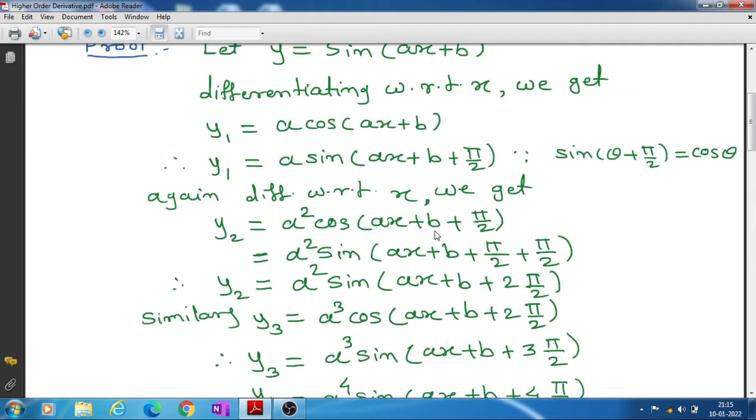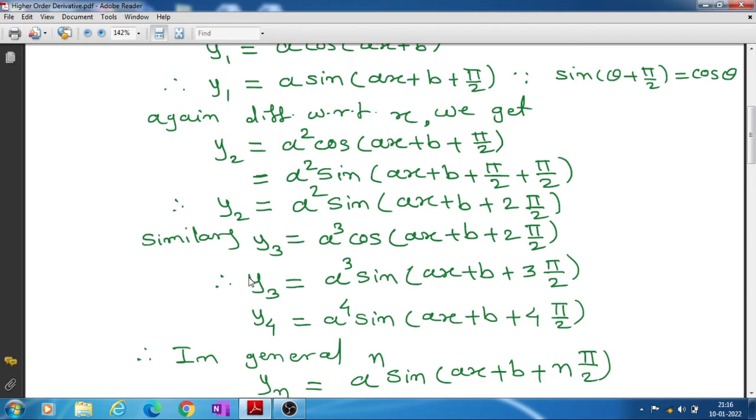Now again we use the formula cos θ = sin(θ + π/2). So this becomes a² sin(ax + b + π/2 + π/2). The second derivative becomes a² sin(ax + b + 2π/2).